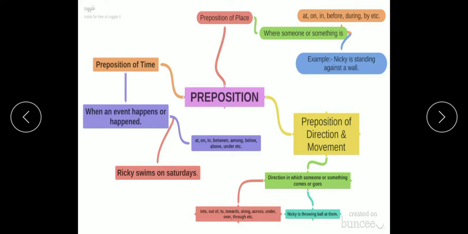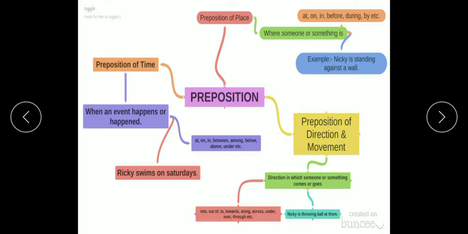Nikki is throwing ball at them. To whom? At them. Okay. So here at is preposition of direction and movement. And some more prepositions which can be used as preposition of direction and movement are into, out of, to, towards, along, across, under, over, through, etc.